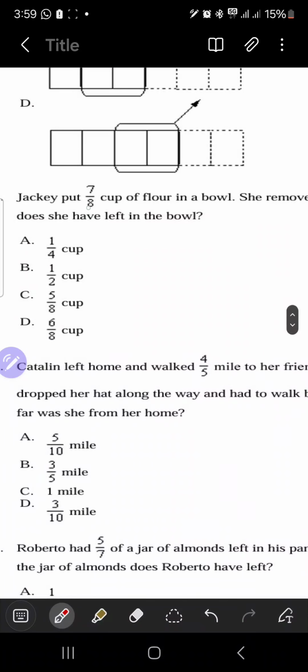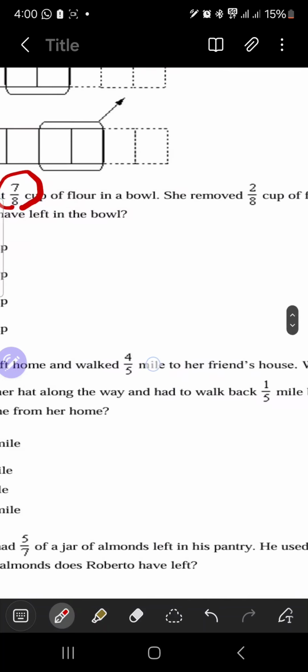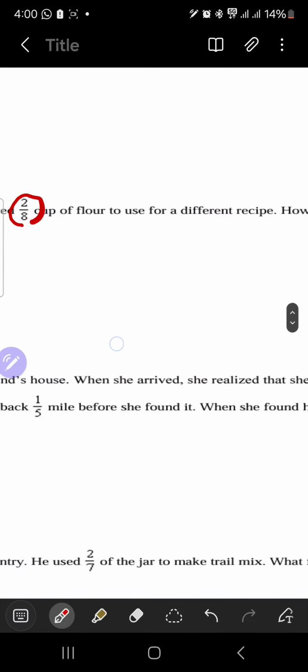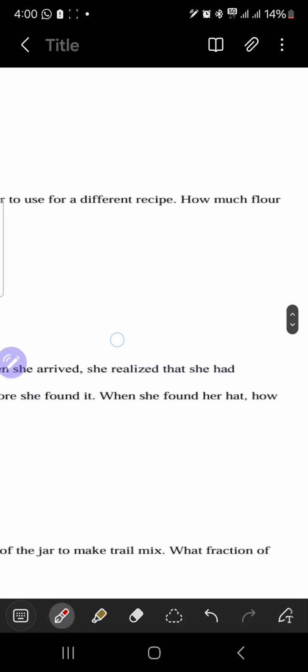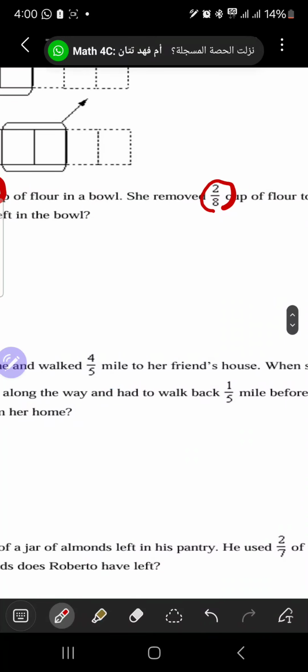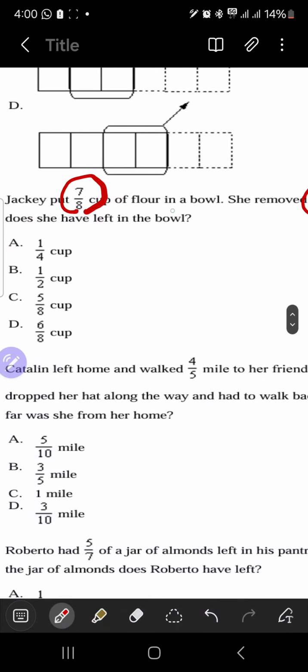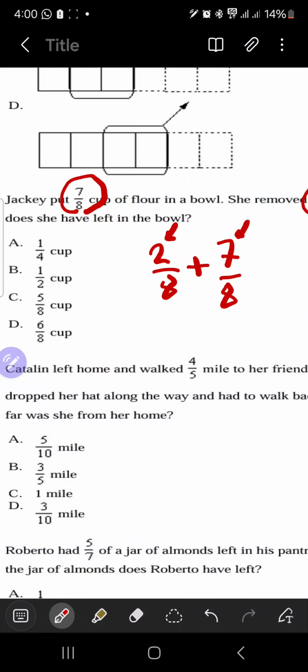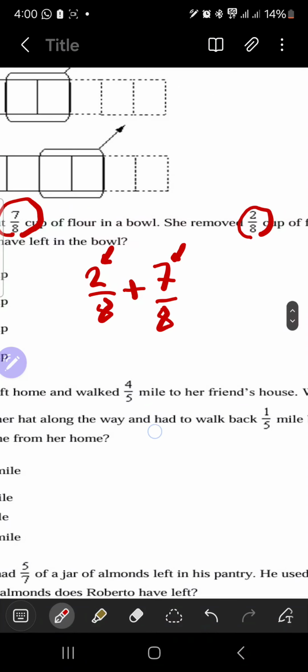Here, Jackie put 7/8 cup of flour in a bowl. She removed 2/8 cup of flour to use for a different recipe. How much flour? So we add, 2/8 plus 7/8. We add only the numbers above. 2 plus 7 equals 9.